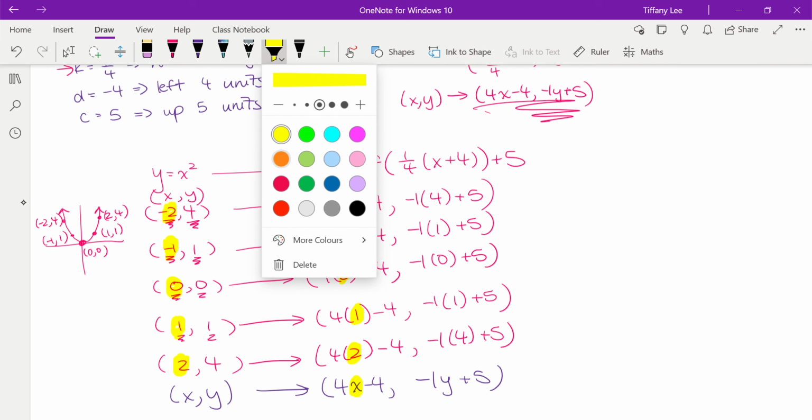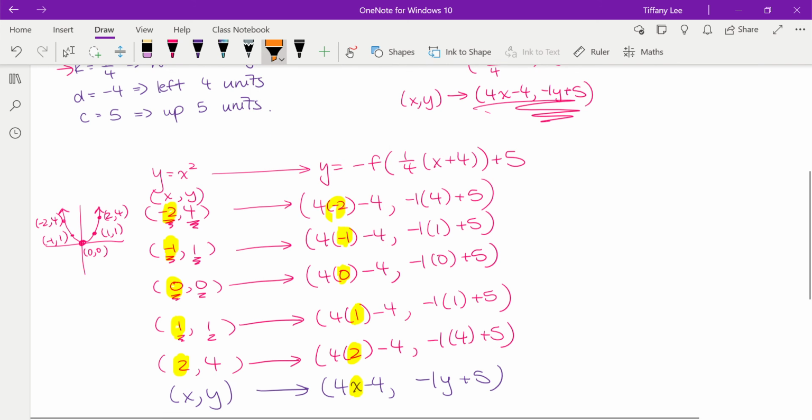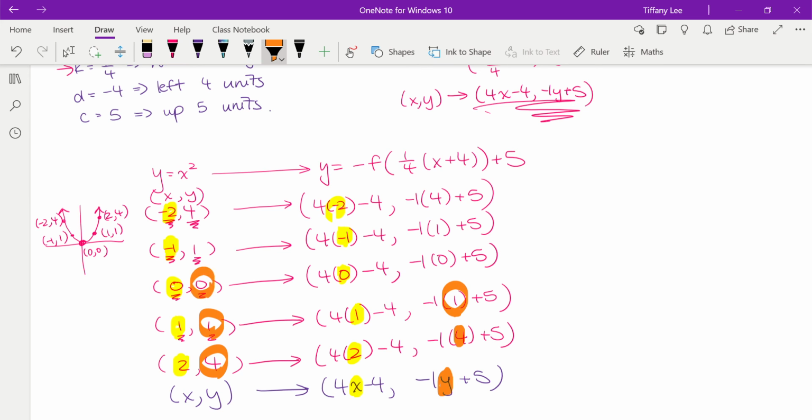My y values, let's do orange, right? My y values, I plug those in. Oh, sorry, I think the color doesn't really work very well. I plugged in these y values into y, right? So that's all you have to do. That's the good thing with the mapping rule. Kind of makes your life a bit easier.